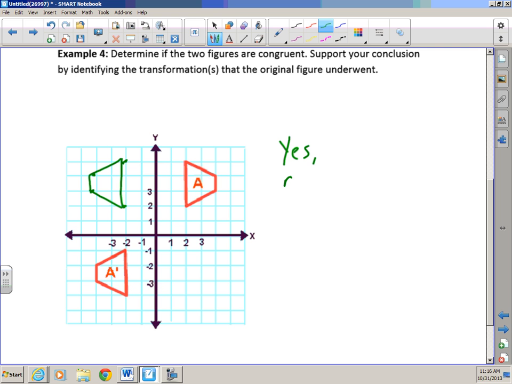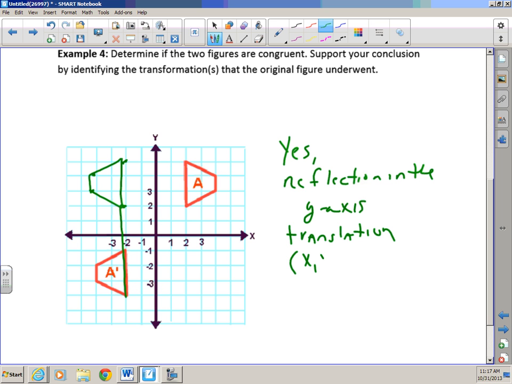So there was a reflection in the y-axis followed by a translation where I slid it only down. So x doesn't change and y went down by 6.